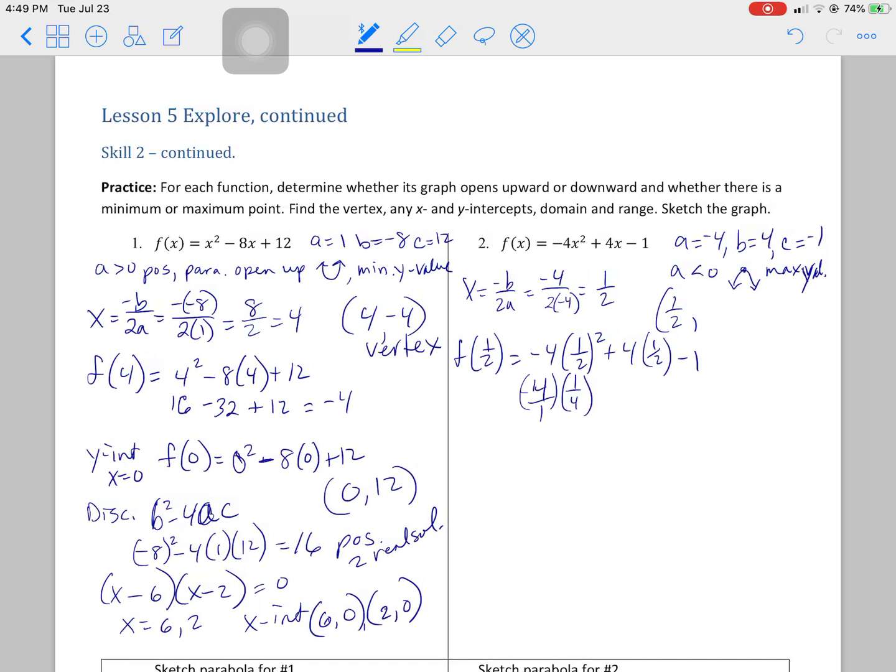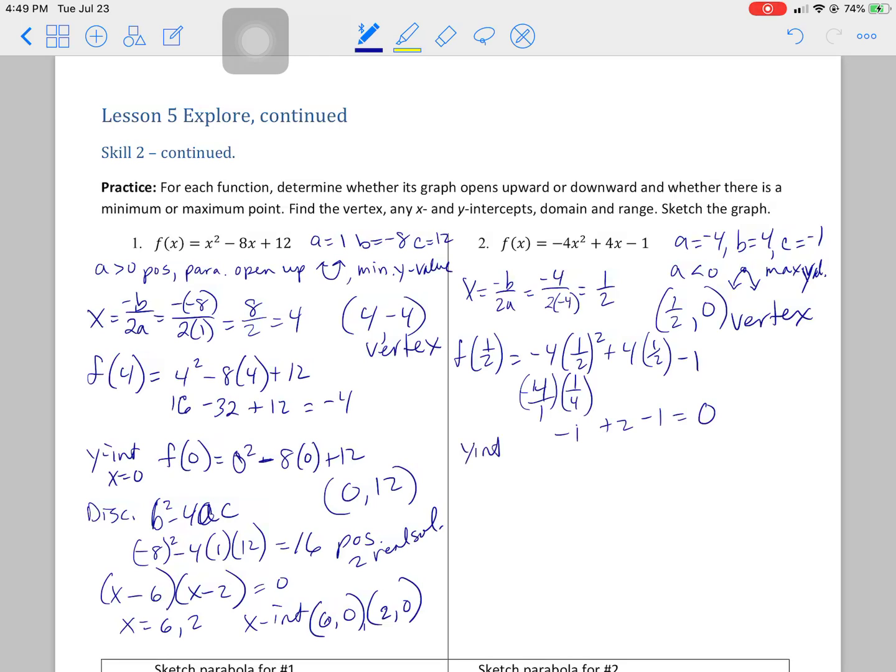Think about this as -4 over 4, which is -1. This is 4 over 2, which is 2, minus 1. So -2 and a +2 gives me a 0. So my vertex is (1/2, 0).